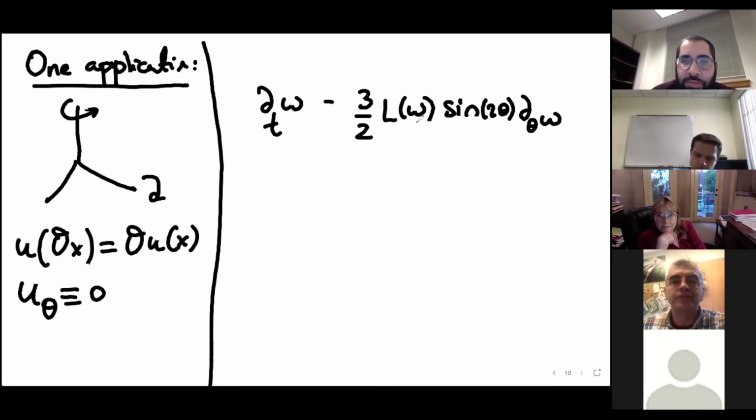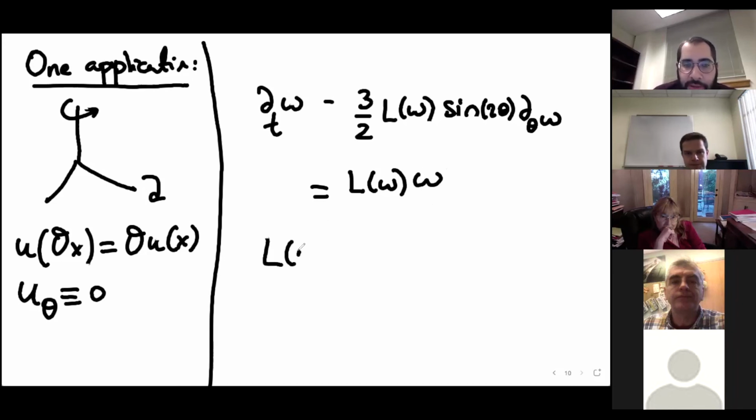So this is just a transport in the angle, where the angle is between r and z, where r is the 2-dimensional radius and z is the third variable. So omega is transported and then stretched by the following term, L of omega, where L of omega is just that operator I wrote on the previous slide.